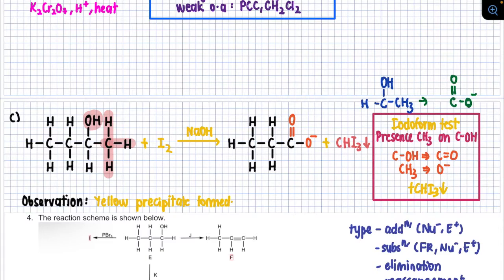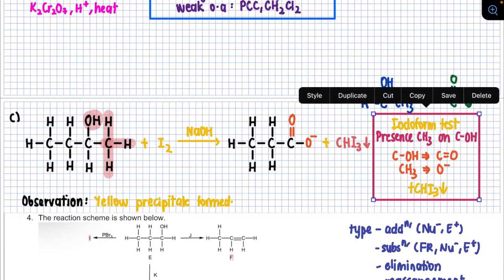But then again, remember the iodoform test, we need our CH3I, which is the yellow precipitate. So that's why we have to show the downward arrow and write down the observation where the reaction is yellow precipitate form. Okay, so that is for question number 3.